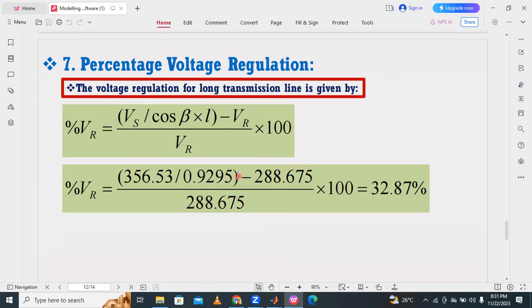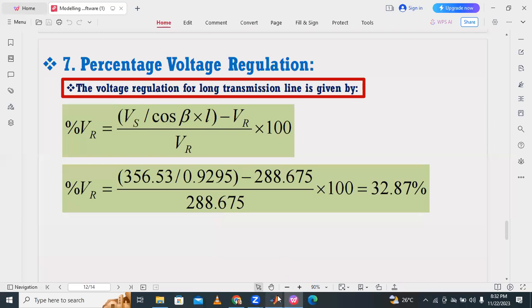So here we have to change something small. One constant is required to multiply 356.53. First, take one constant, that constant is 1 by 0.9295, multiply it into 356.53, then subtract, and divide by 288.675.